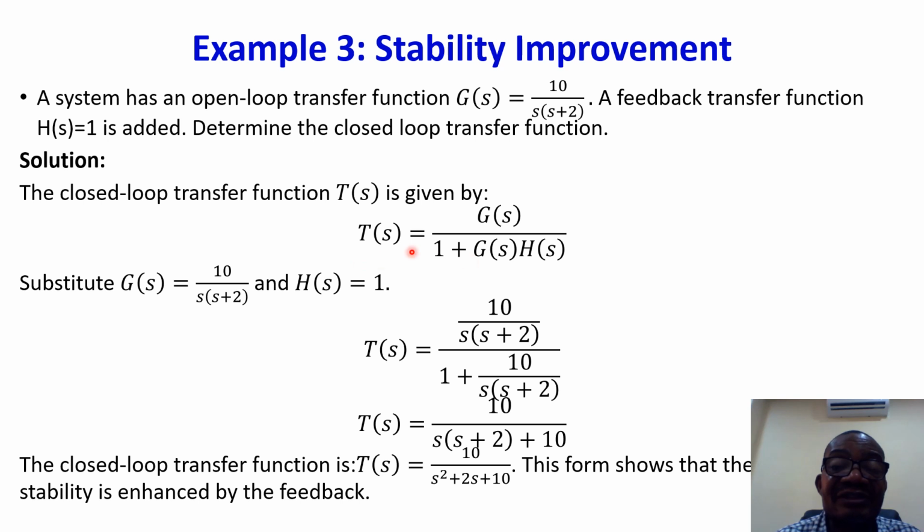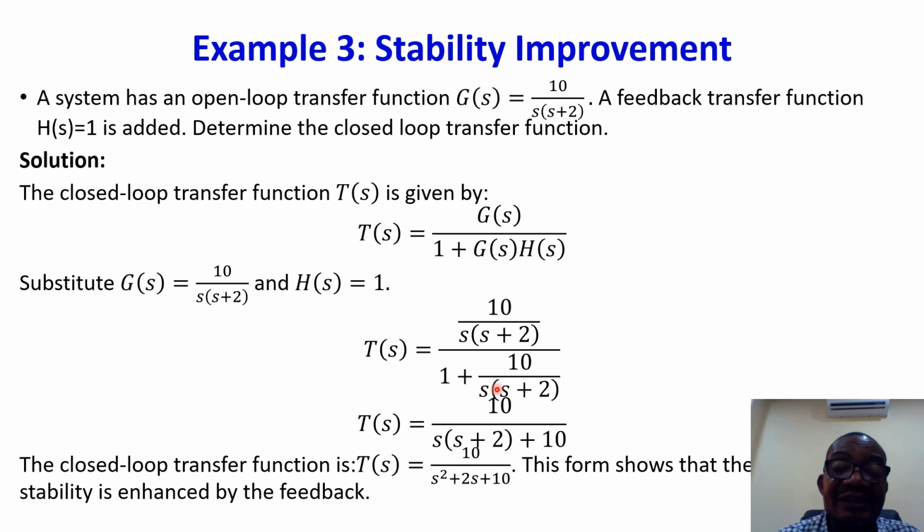So let's come back to this equation. T of S is equal to G of S, which is what? 10 over S into S plus 2, divided by 1 plus G of S, which is also 10 over S into S plus 2, times H of S. And H of S is what? 1.